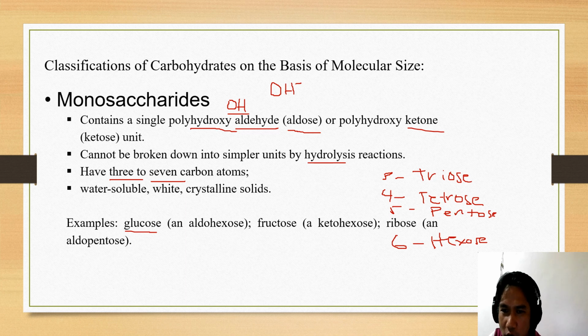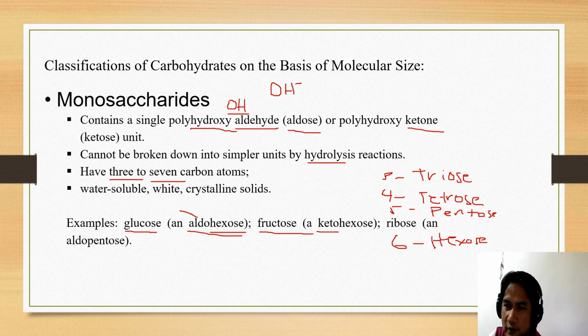It's an aldohexose. Aldohexose. So when we say aldo, it's based on aldehyde. Hexose, it contains 6 carbon atoms. While fructose is a ketohexose.